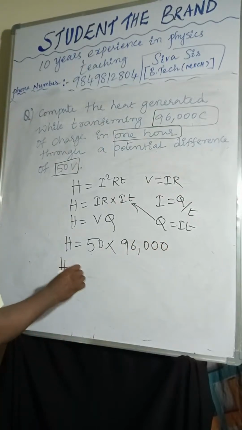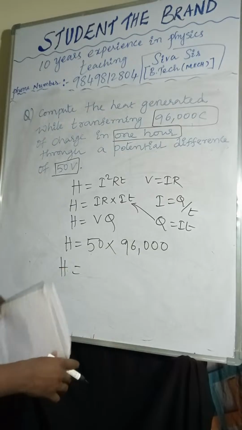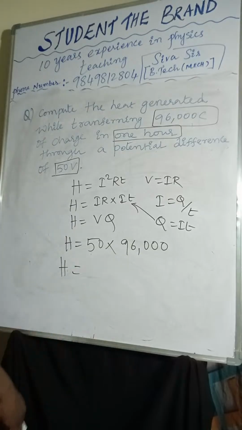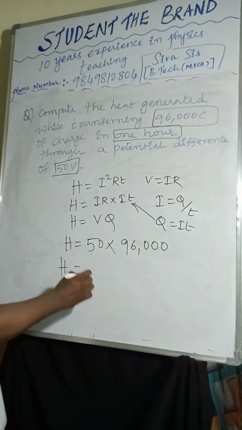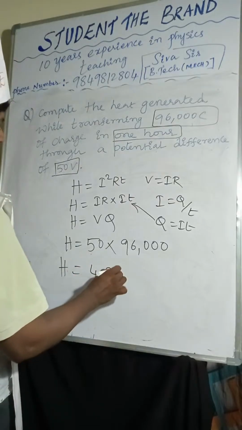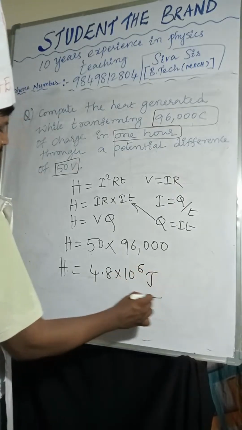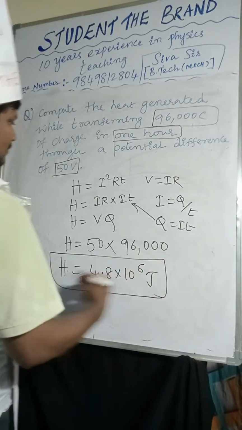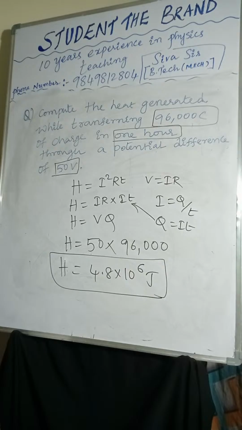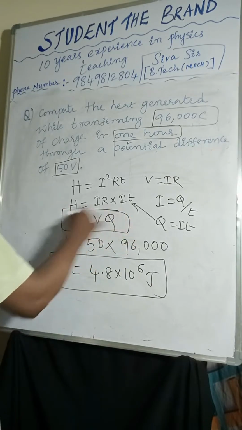Multiply. How much will you get? That is 4.8 into 10 power 6 joule. This is the formula.